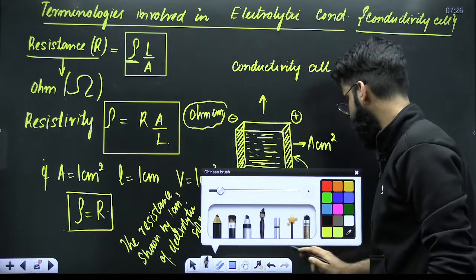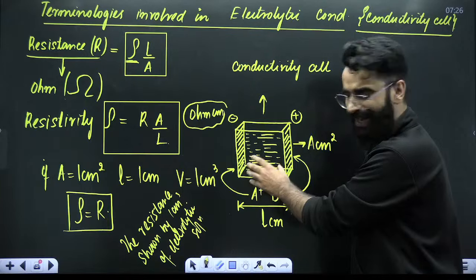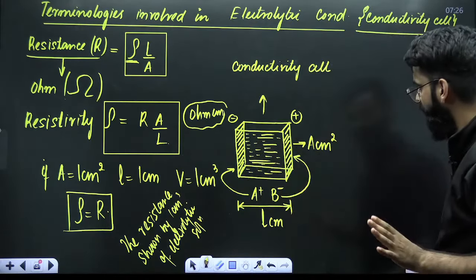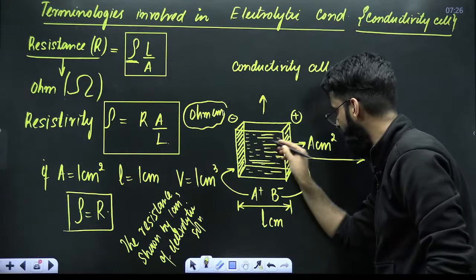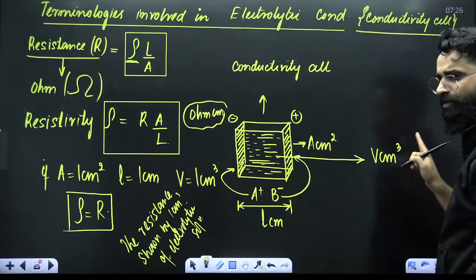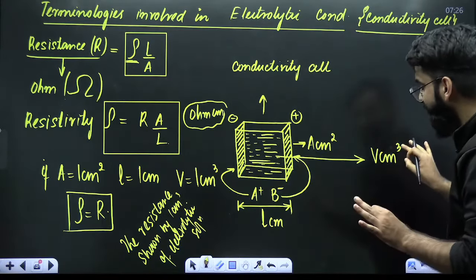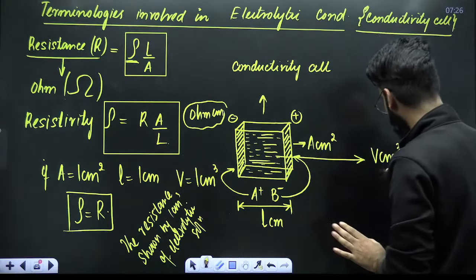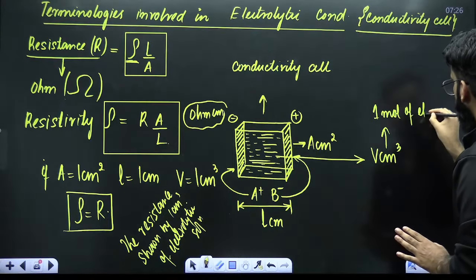All right. There is something important which I'm going to discuss with you now. This is your conductivity cell, and what is there in it? Electrolytic solution, correct? Imagine the volume of the solution in the container is V centimeter cube. It can be anything: 10, 1000, 50 centimeter cube, whatever. I'm assuming that in a given volume of solution, 1 mole of electrolyte is present.